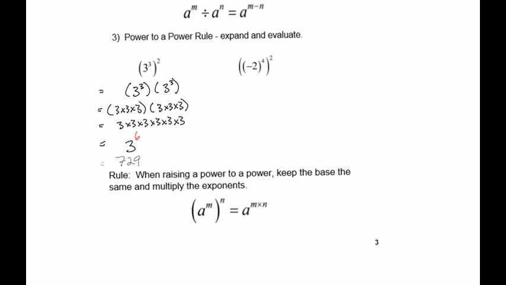Now, let's do the same for the next one. If you really think about this, the rule is we just multiply the exponents. So in this case, for this next problem here, we have -2, and what we're trying to do is figure out where these numbers are coming from. So our base is -2, but you'll notice that we have 4, and what we're actually going to do is multiply it by the outside exponent.